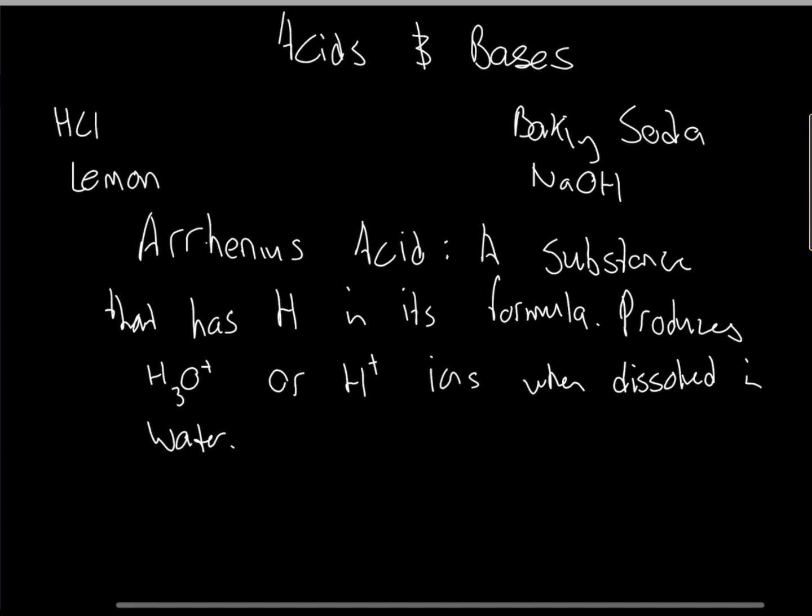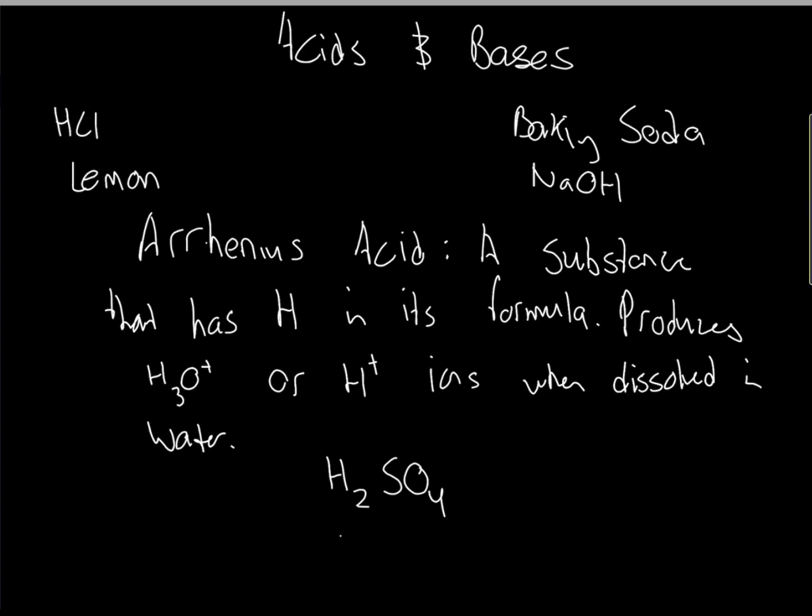Now think about it. Let's say we have an acid. One example of an acid is sulfuric acid, H2SO4. In sulfuric acid, we know that this is an ionic compound, right? SO4 has a 2- charge, and H has a +1 charge.